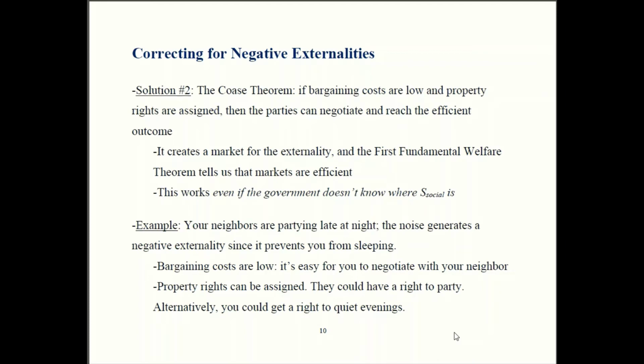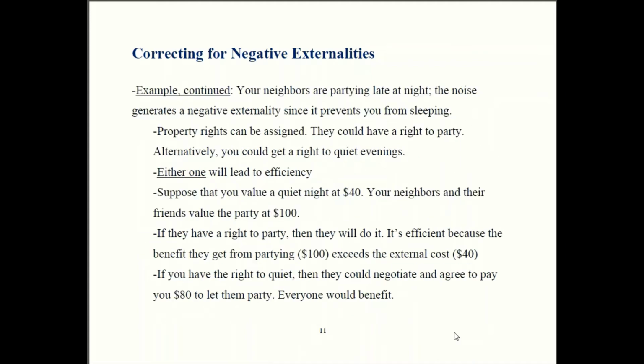Importantly, for our Coase theorem to work, it doesn't actually matter how you assign property rights. At the end of the negotiations, things will be efficient in the end. How you assign property rights will of course affect how well off each side is, but the end result will be efficient either way. Let's go more in depth on that example.